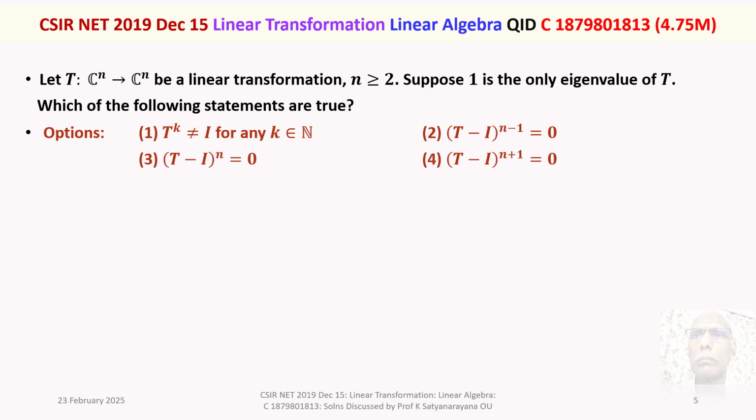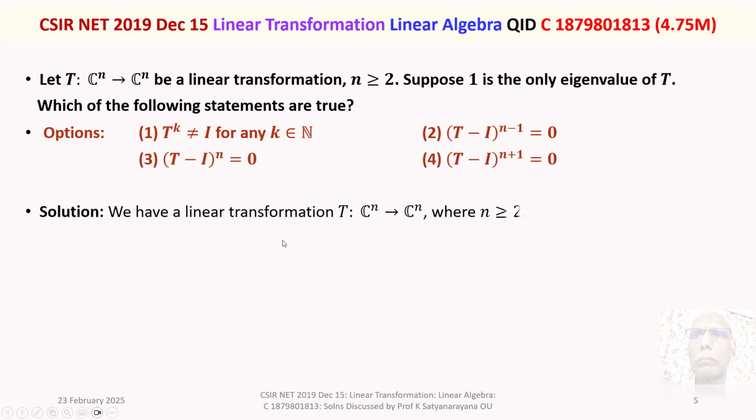So, we are given 1 is the only eigenvalue of T, that is the crucial thing we have to consider. We now discuss the solution of the problem in detail. We have a linear operator T from the complex n space into itself, where n is greater than or equal to 2. We look at option 1.